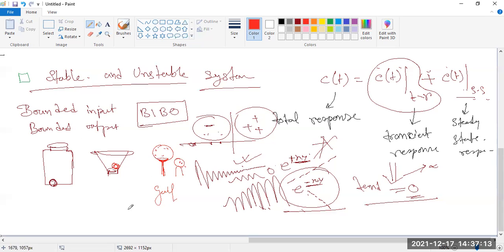Just remember the situation. Say you apply some amount of force, but it should be bounded so that the jar will not be broken. So what will be the condition of this ball?